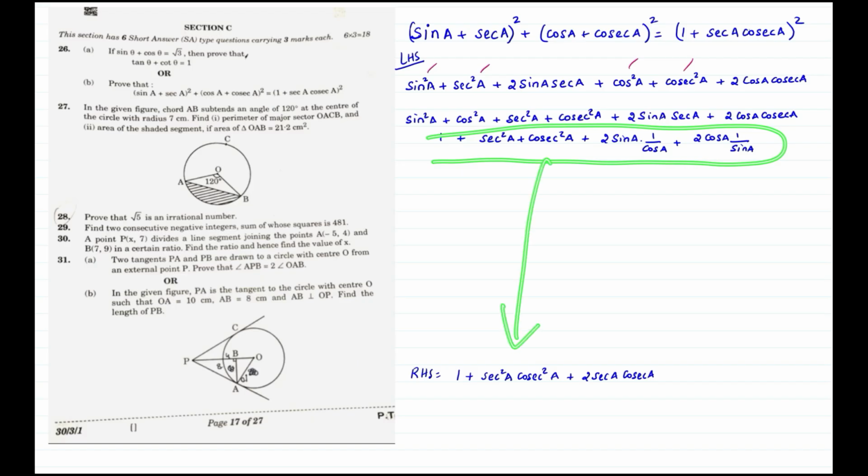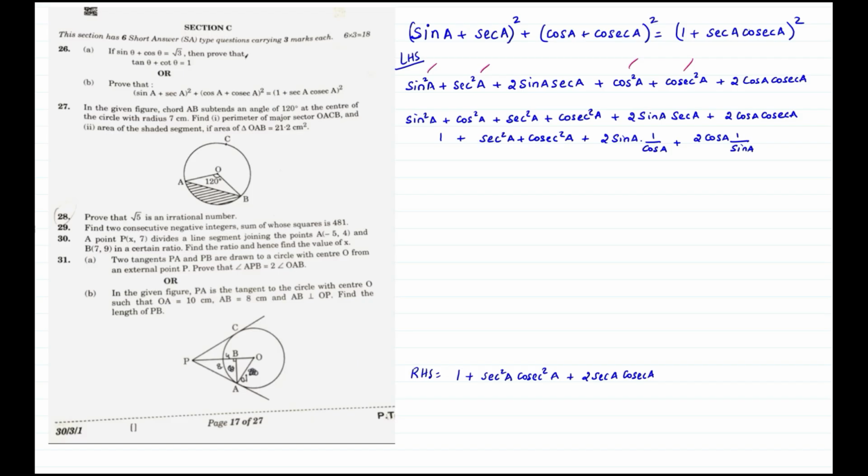First we will convert this. Let's see what we can get from this. If I see here, I get 2 sin A by cos A. So what I can do is, I will take 2 common, and then take cos A and sin A as LCM, and then the numerator will be sin² A + cos² A, which is equal to 1.